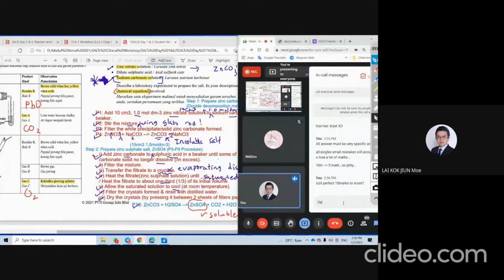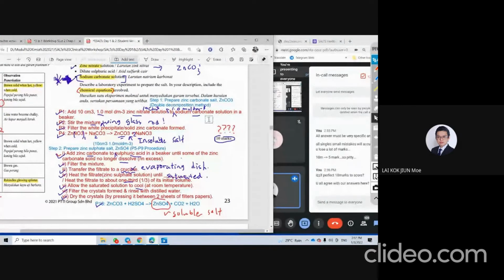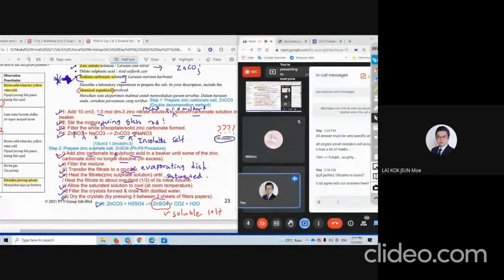You all agree. Anyone don't agree, you can just give your opinion. I think we already corrected a lot of the common mistakes already. I think this answer deserves to get 10 marks.